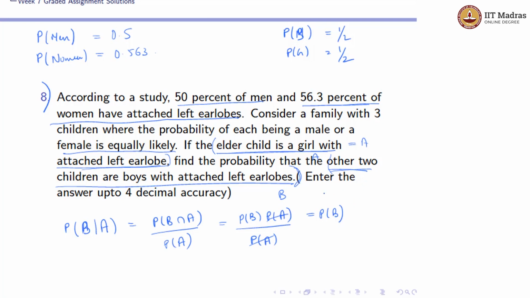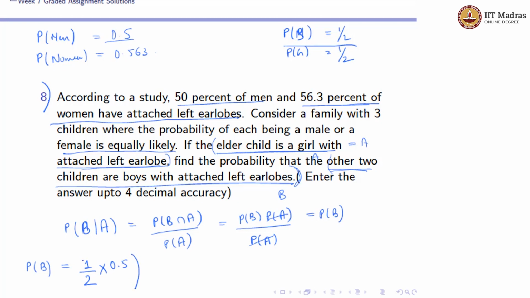So what is B? B is that the other 2 children are boys with attached left earlobes. The second child will be a boy with probability 1 by 2, and will have attached left earlobes with probability 0.5.